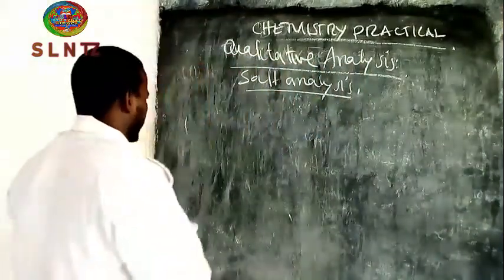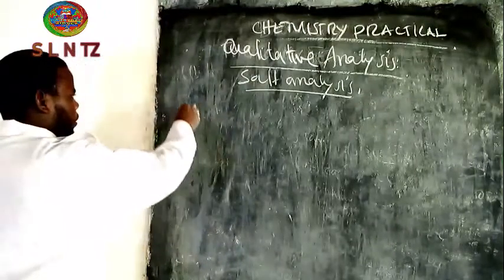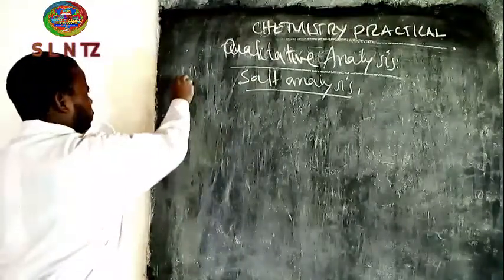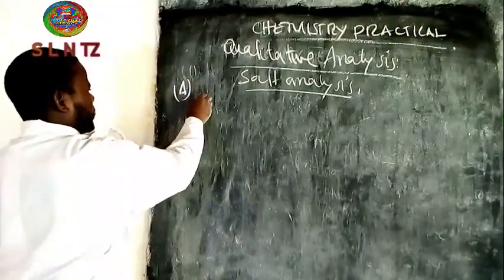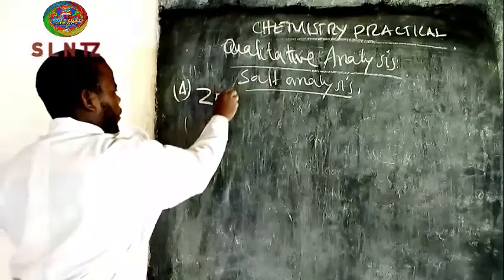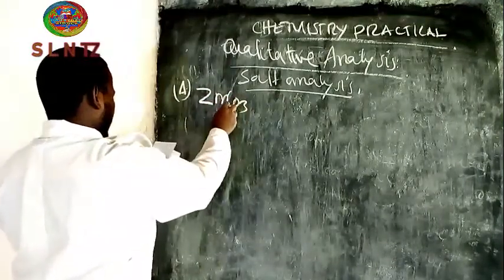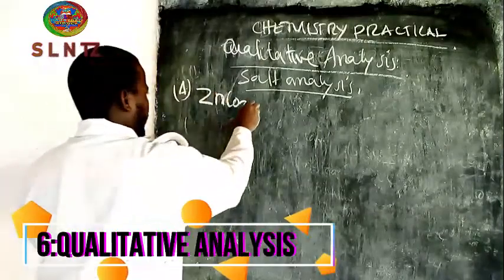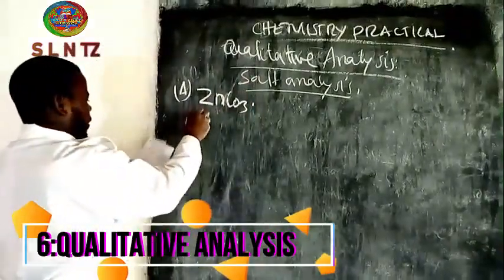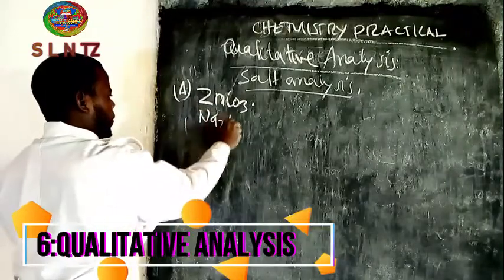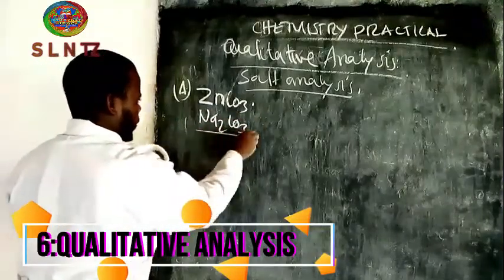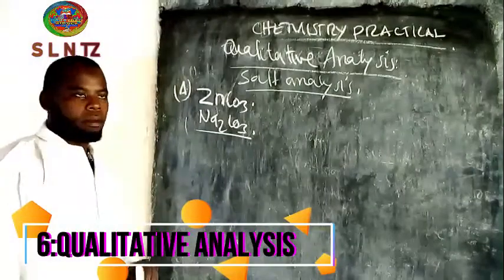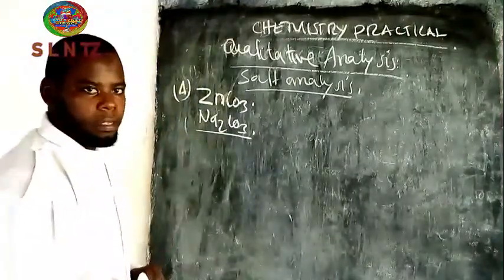The first salts expected, group A: make sure you know the analysis of zinc carbonate and sodium carbonate. That is group number 1, carbonates.